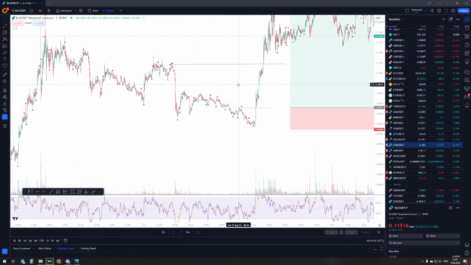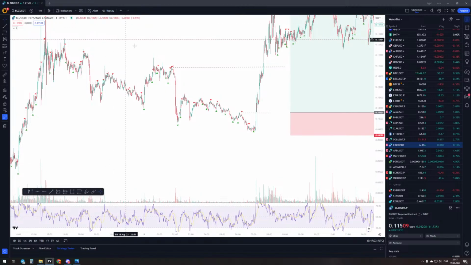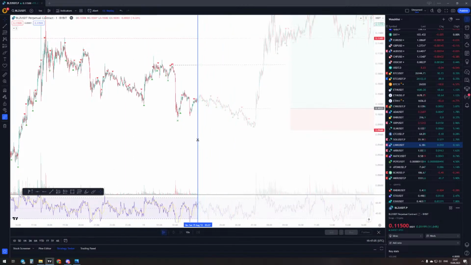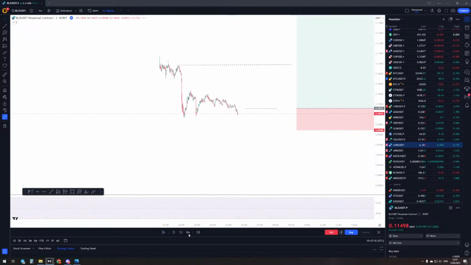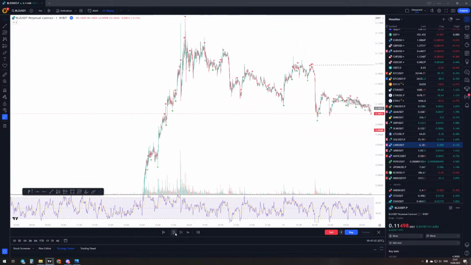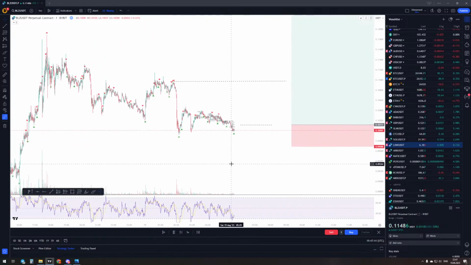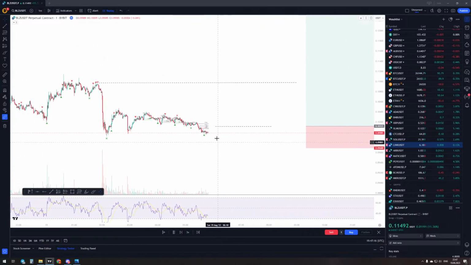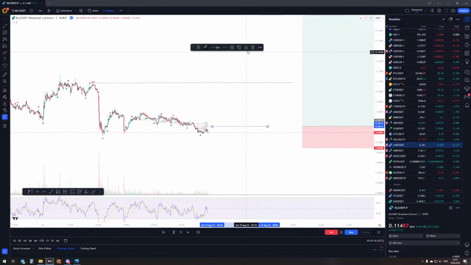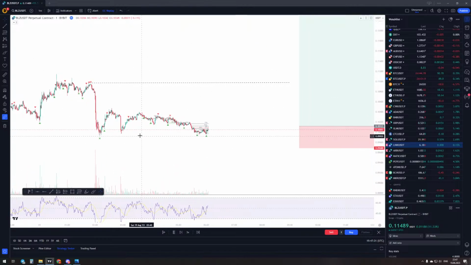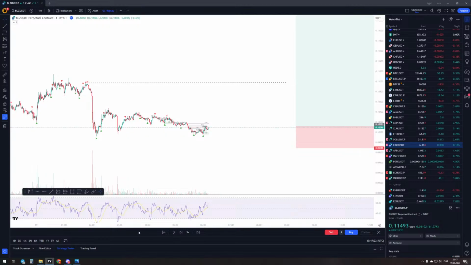Let's do a replay. Let's go here. So I want to mark some zones, such as this low and this low.